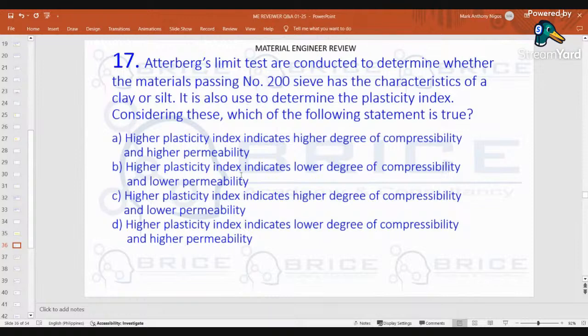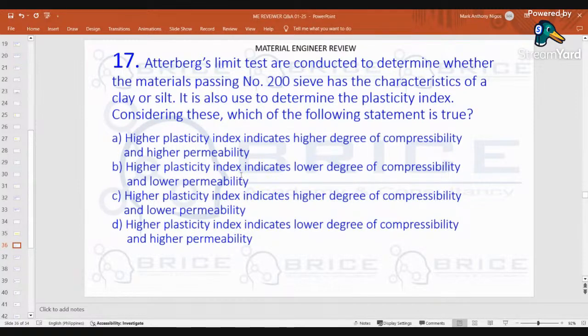Atterberg's limit tests are conducted to determine whether the material's passing number 200 sieve has the characteristics of a clay or silt. It is used to determine the plasticity index. Considering this, which of the following statements is true? A, higher plasticity index indicates higher degree of compressibility and higher permeability. B, higher plasticity index indicates lower degree of compressibility and lower permeability.